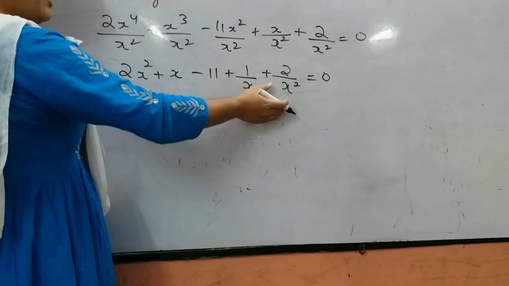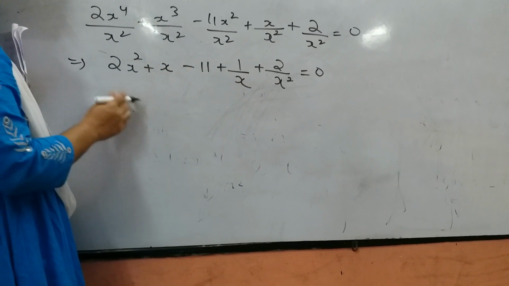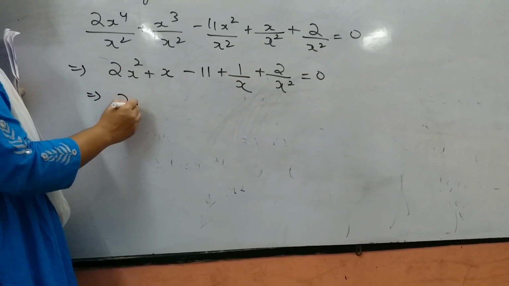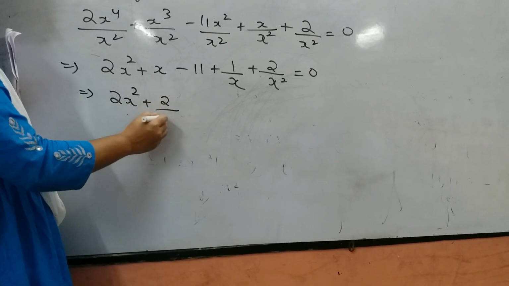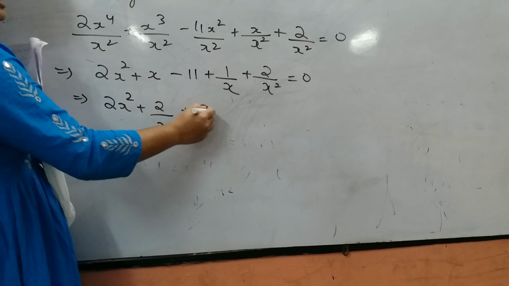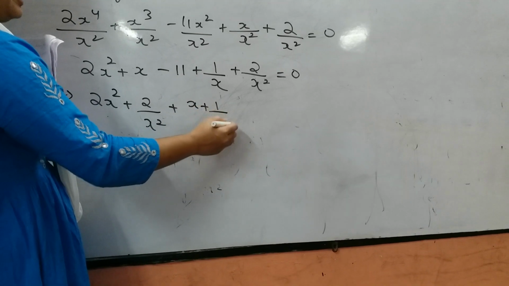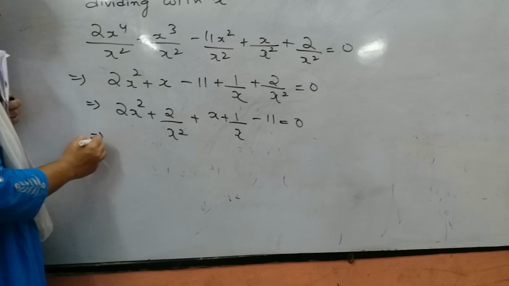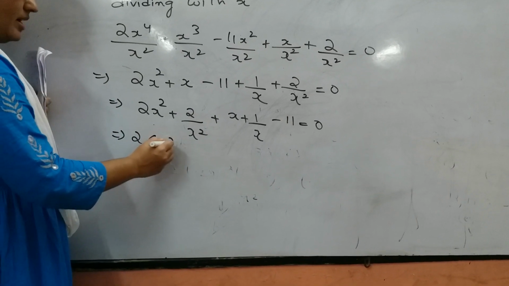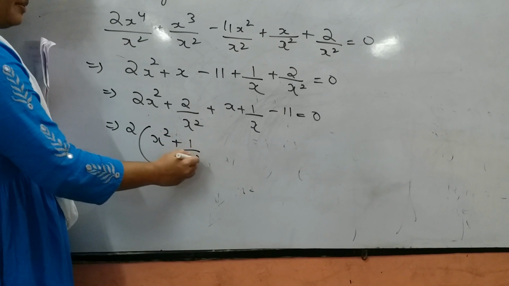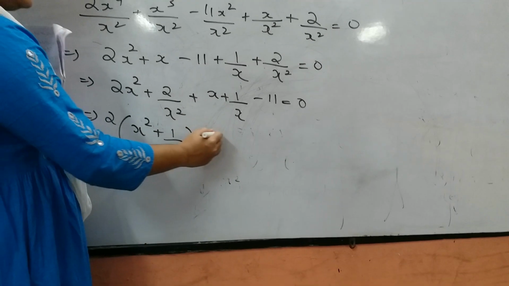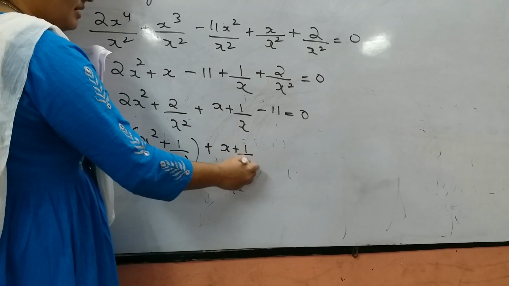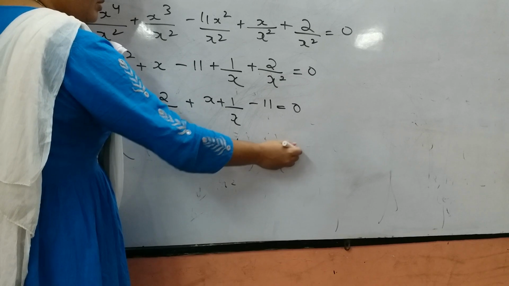Let us club x square terms together and x terms together. 2x square plus 2 by x square plus x plus 1 by x minus 11 is equal to 0. That is, 2 into x square plus 1 by x square plus x plus 1 by x minus 11 is equal to 0.